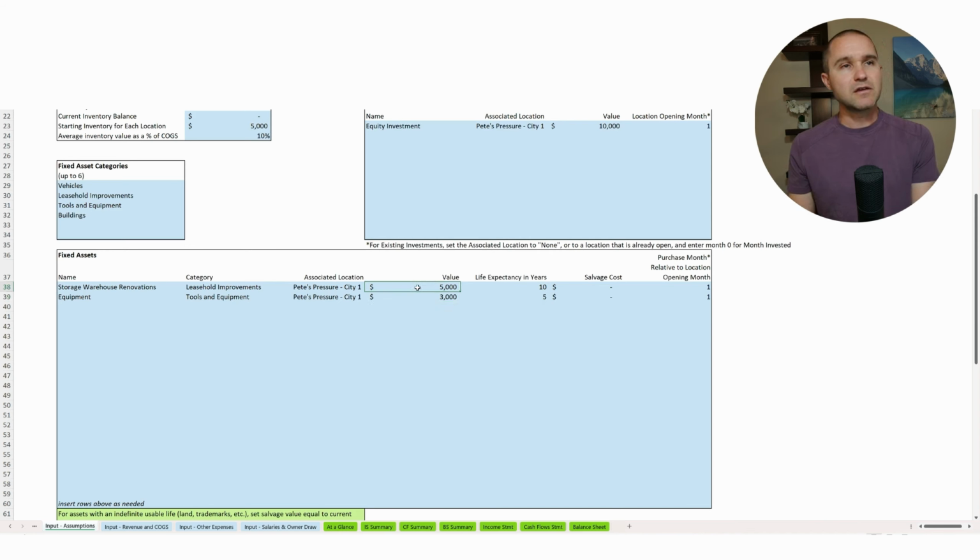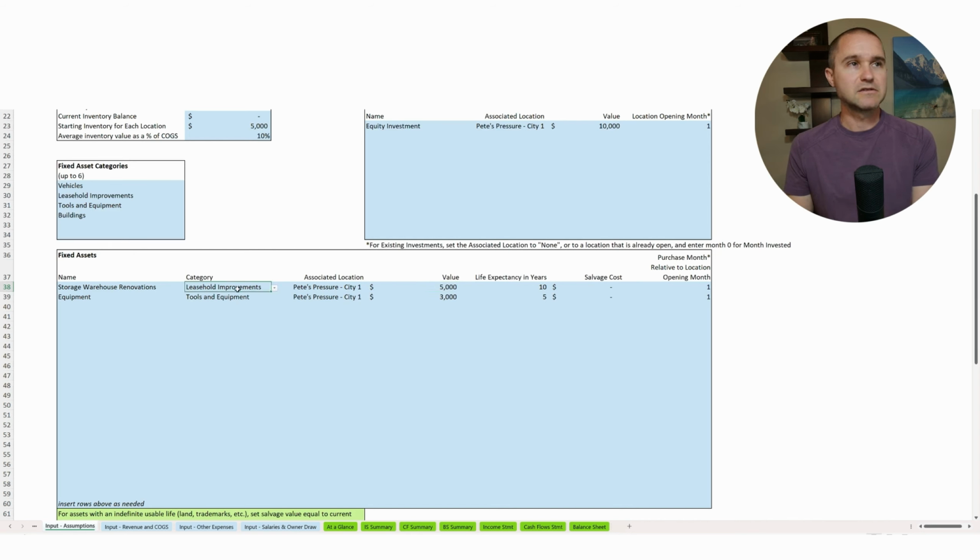And then I thought, maybe we have a small office and warehouse space just to store our equipment. Now this might be your garage when you're starting out, but let's say we're going to do it at a little bit larger scale here, and we want to rent a space and build out a warehouse or storage space. And so let's say we spent $5,000 to renovate the space that we're renting.